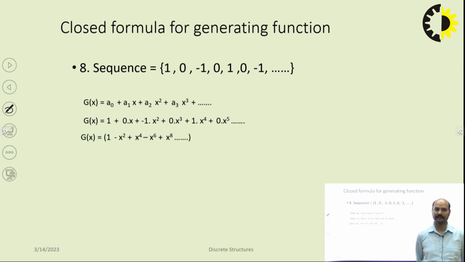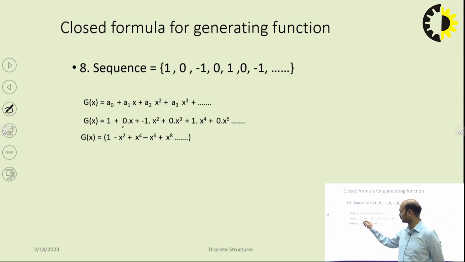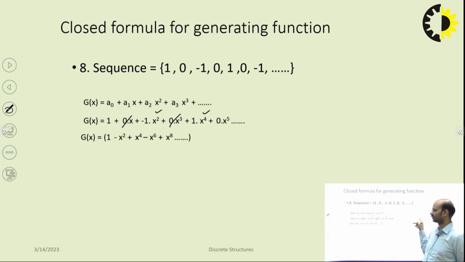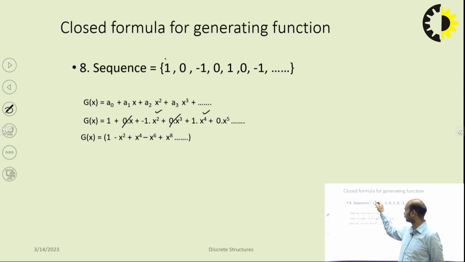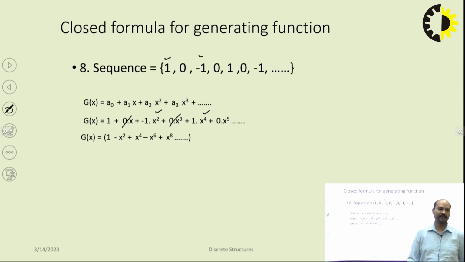Then we get 1 - x^2. The odd terms are 0, and alternate terms come: x^2, x^4, x^6, x^8, x^10 and so on. The first term is 1, then -1, 1, -1, plus, minus, plus, minus. This is the infinite series.